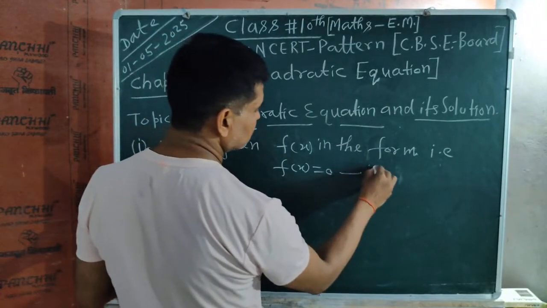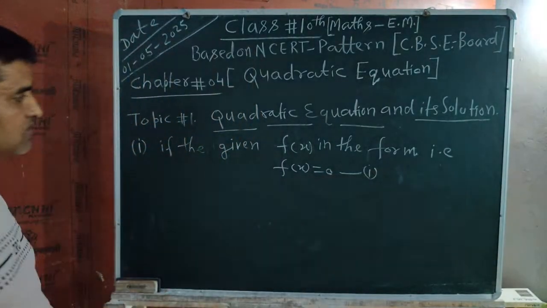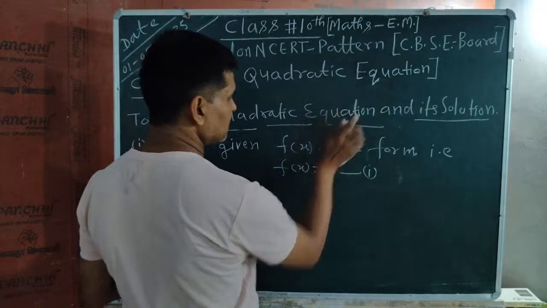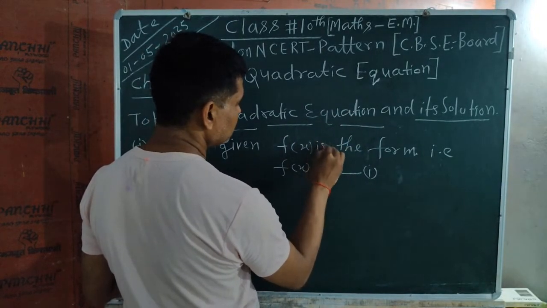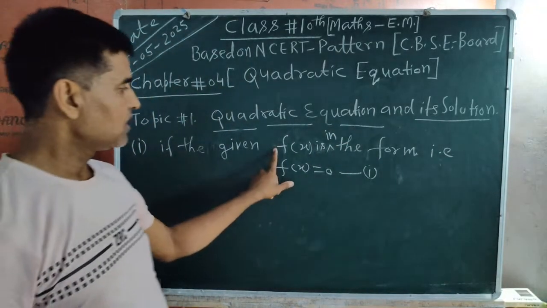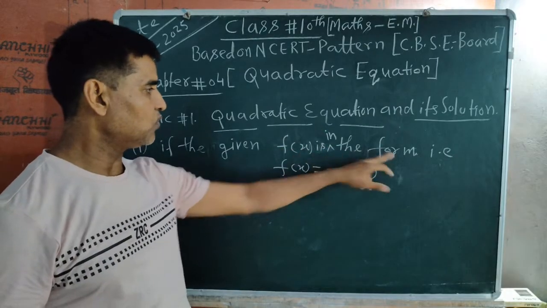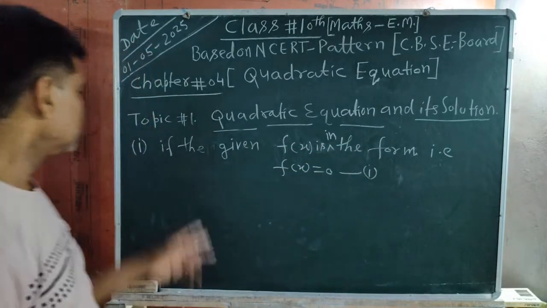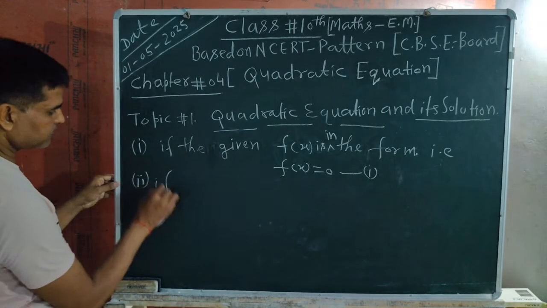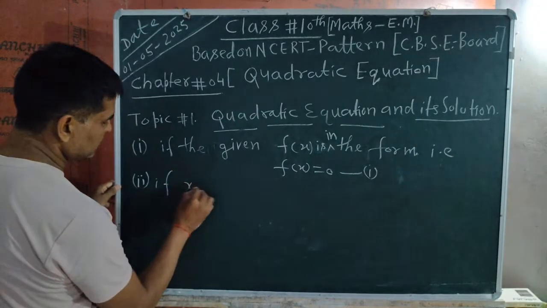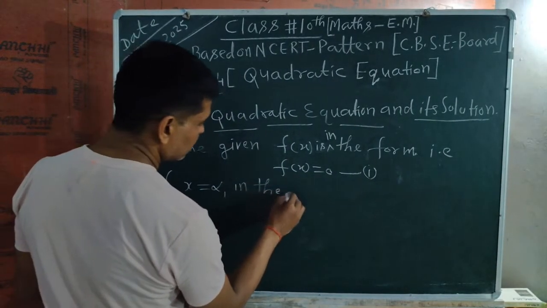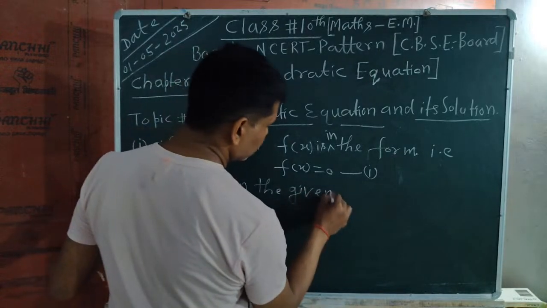I will say this is condition number one. If the given function, f of x, is in the form f of x is equal to 0, so I will say this is condition number one, and then I will put x is equal to alpha in the given function.